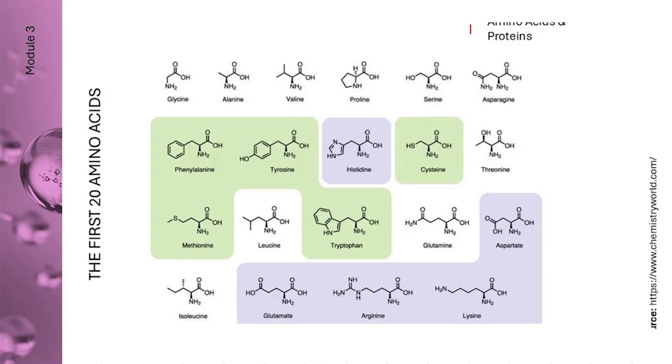So we have glycine, alanine, valine, proline, serine, asparagine, phenylalanine, tyrosine, histidine, number 9, cysteine, threonine, methionine, leucine, tryptophan, glutamine, aspartate.